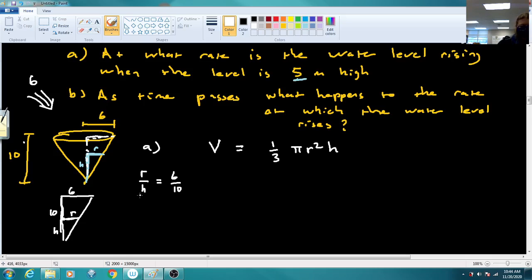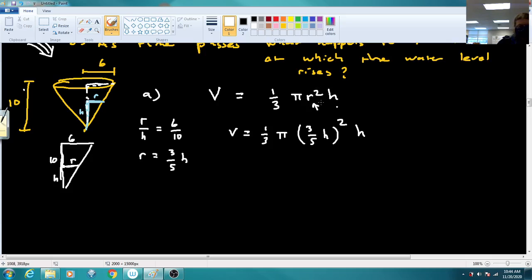If we solve this for r, the radius is 6/10, which reduces down to 3/5, so it's 3/5 times h. So the radius is equal to 3/5 h, and I can plug that in for the radius in this equation and get that the volume is 1/3 π times (3/5 h) squared times h.